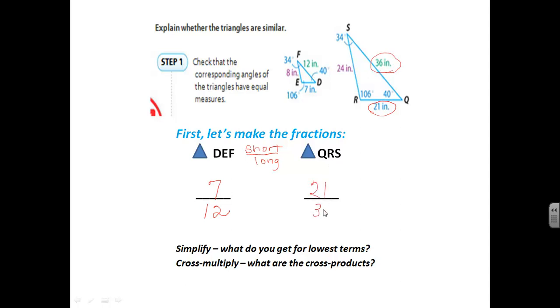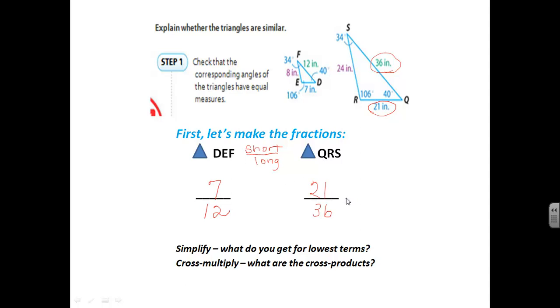21 over 36. Now, will 7/12 simplify? If it does, simplify it. If it doesn't, leave it. Does 21/36 simplify? If it does, simplify. If it doesn't, leave it. Now, 7/12 will not simplify. That is lowest terms.